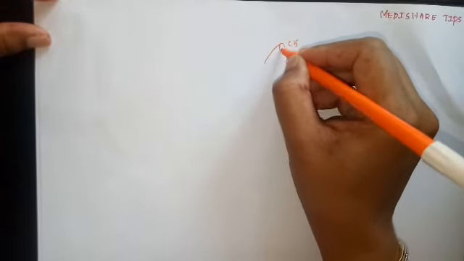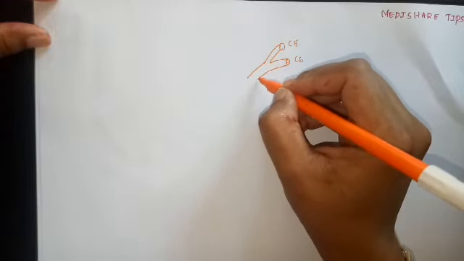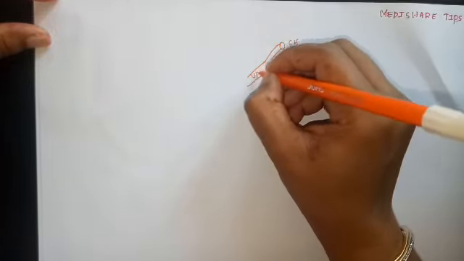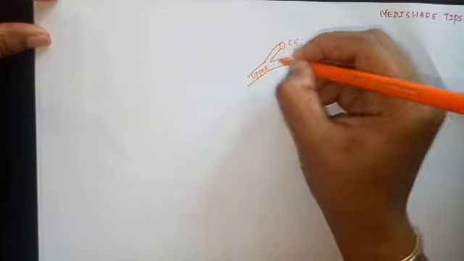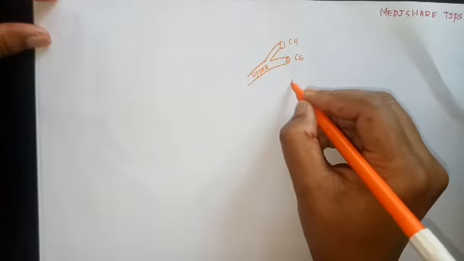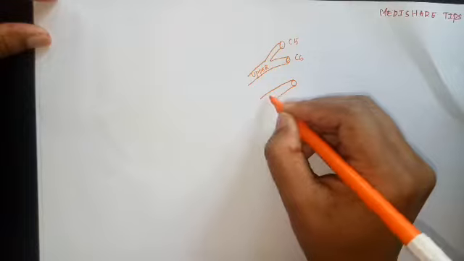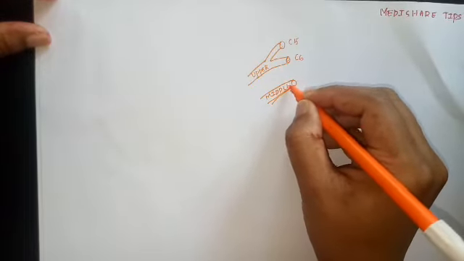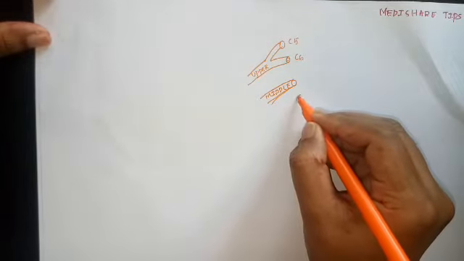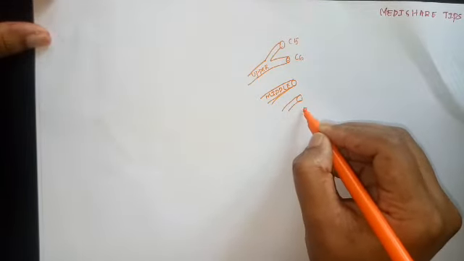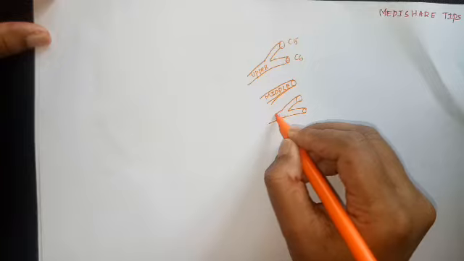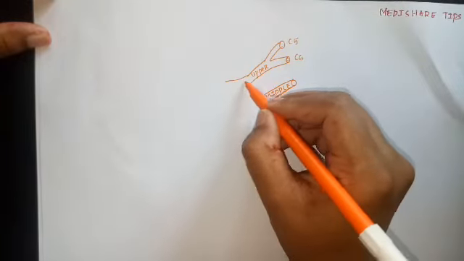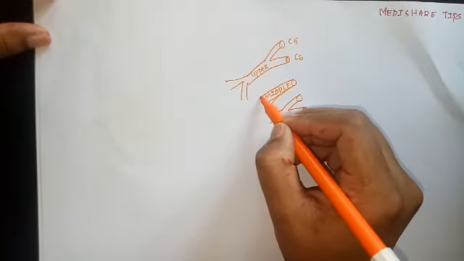C5, C6 roots combine to form the upper trunk of brachial plexus. C7 continues as the middle trunk. And C8 and T1 continue as the lower trunk. Then each of these divides into an anterior and posterior division.